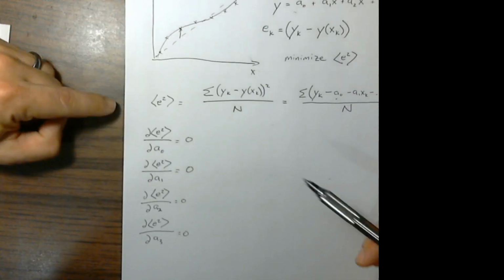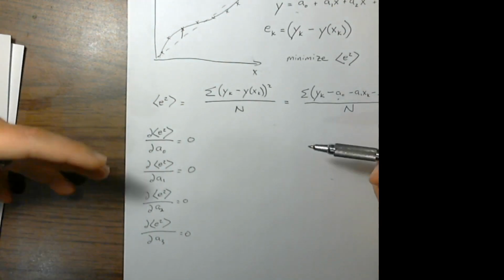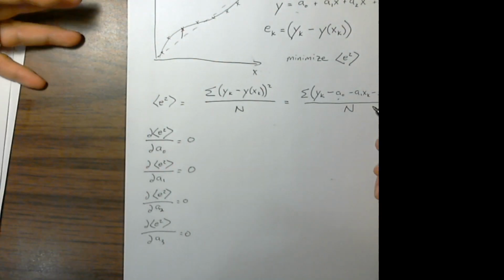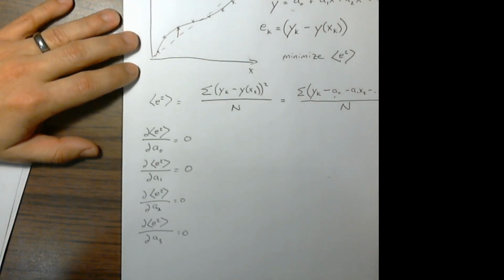So we can set up a system of 4 equations and 4 unknowns using this method. We're not going to solve it. It's going to be a matrix, right? But this is how computers do it. This is how the algorithm works behind the scenes to put a curve fit through things.